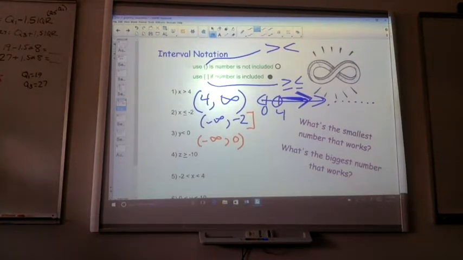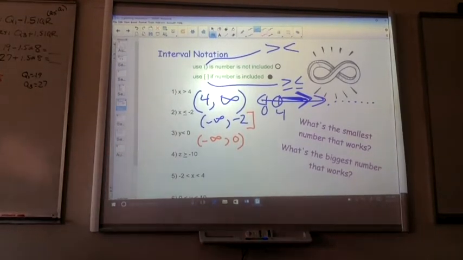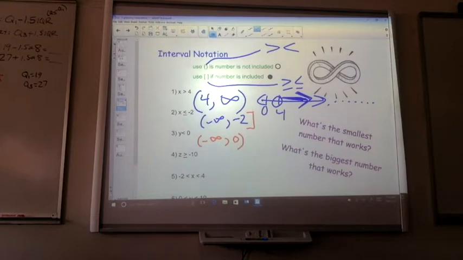I want values that are greater than and equal to -10. So what's bigger than -10? -9, -8, -7, -6, -5, -4, 10, 20, 30, 40, 50, 100, 200 million. So where am I going to?